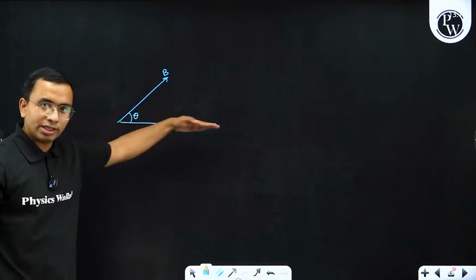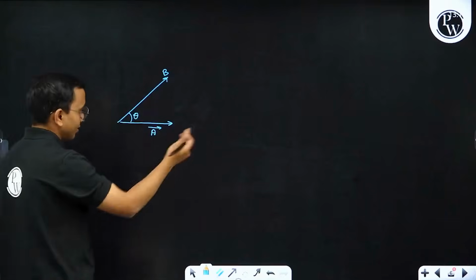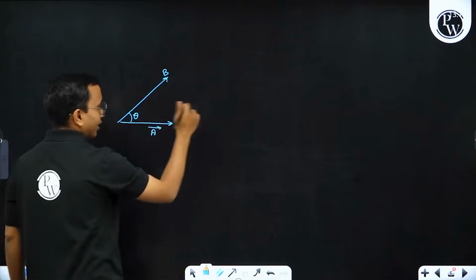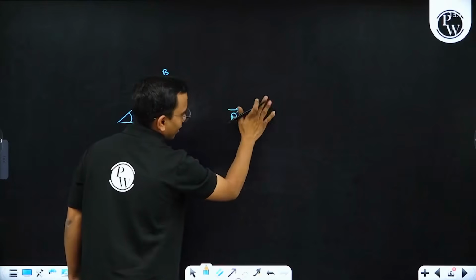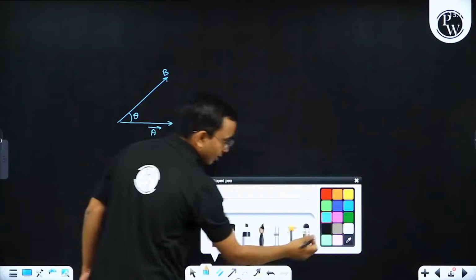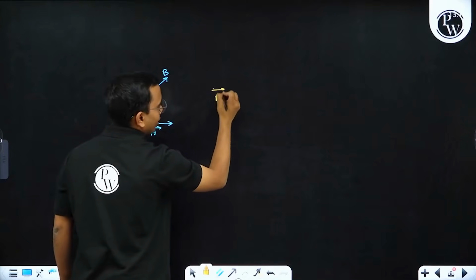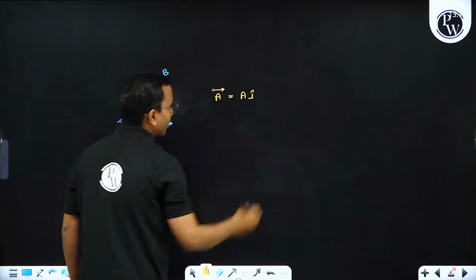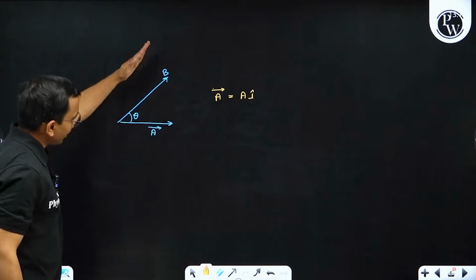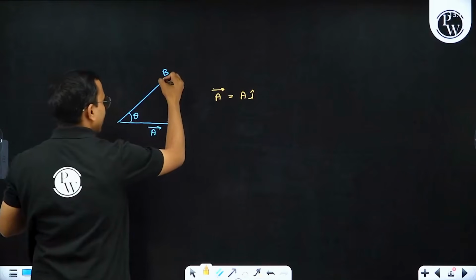I'm taking horizontal direction as i cap, vertical direction as j cap, x-axis and y-axis. A is along the x-axis, so I'll write A as the magnitude A and the direction i cap. For B, I need to take the components along the x-axis, that will become B cos theta if you draw the right angle triangle.